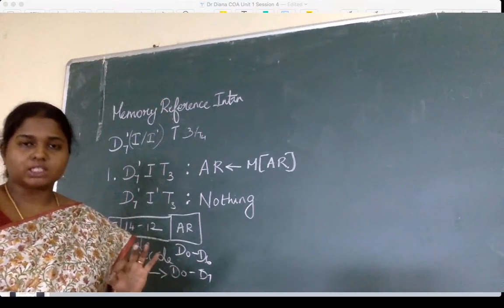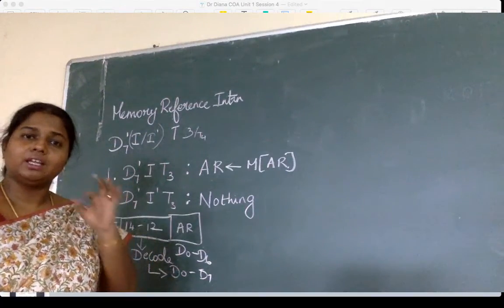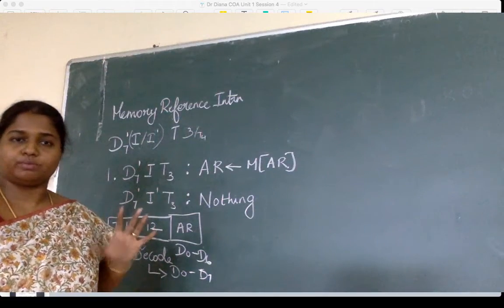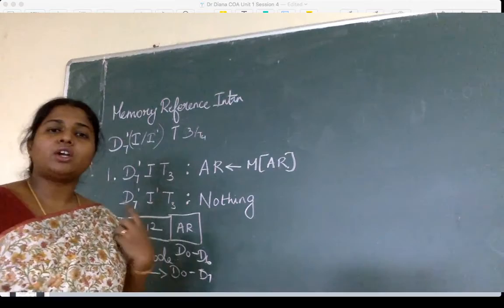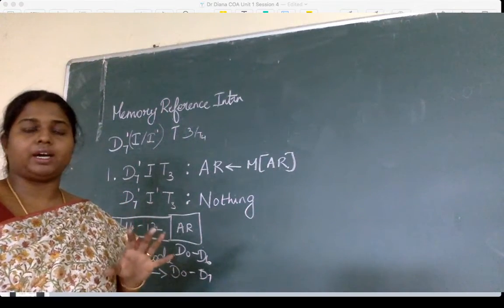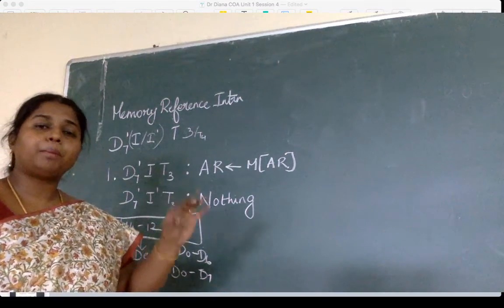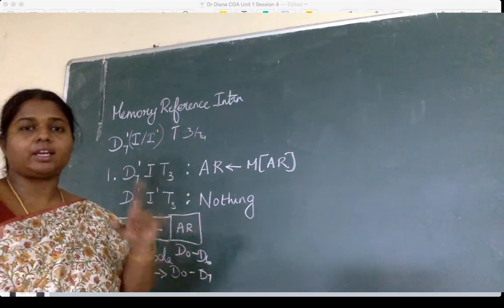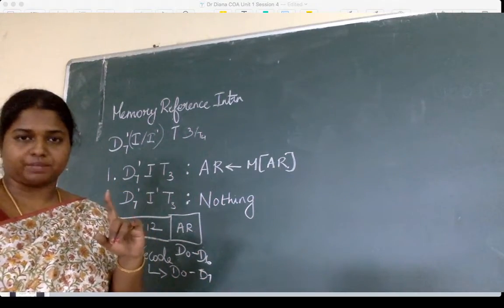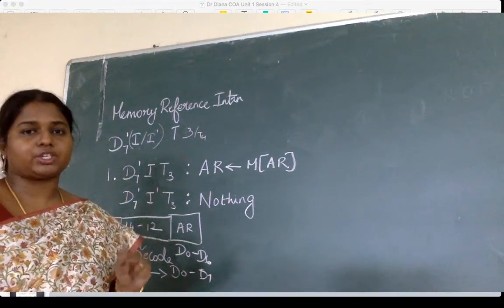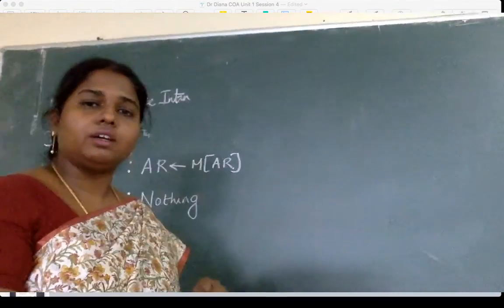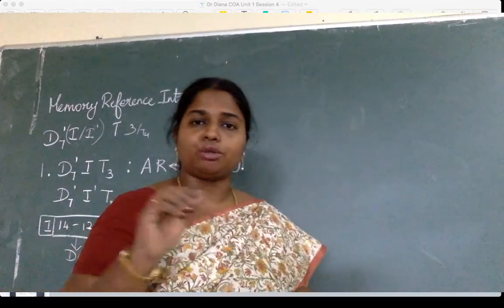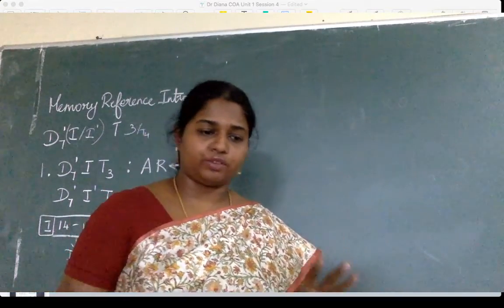If D1 is 1, D0 and D2 to D6 will be 0. That's how the decoder's output functions. So only one of these values can be high at any point of time, and depending on which bit is high, I can execute one instruction. So I've got 7 different instructions under the memory reference category with values D0 to D6 set to 1 for each of these instructions.